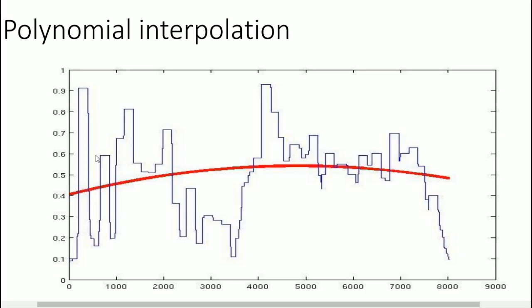So it's the morphological dilatation in blue, and we interpolate it with a polynomial of a certain order. In the original question, they said of order 2.